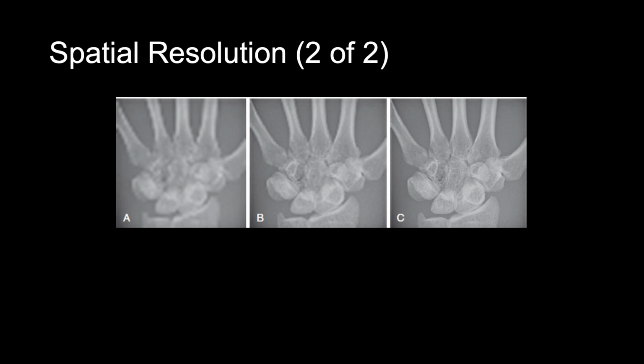Therefore, the pixel size is larger and the spatial resolution is poor. In image B, we have 40 pixels per centimeter. And in image C, we have 100 pixels per centimeter, and therefore the pixel size is smaller than that in images A and B, and the spatial resolution is improved.